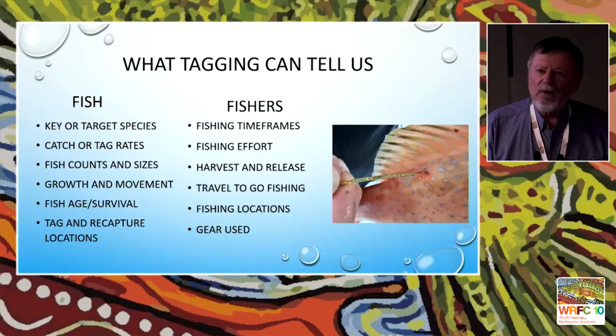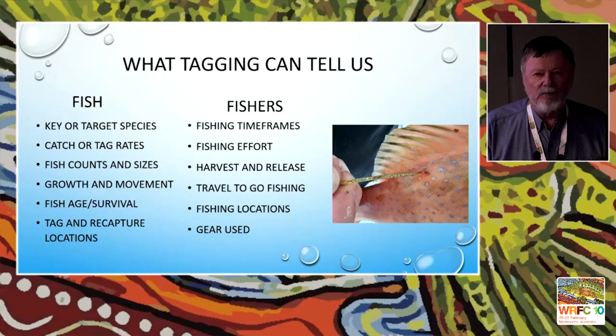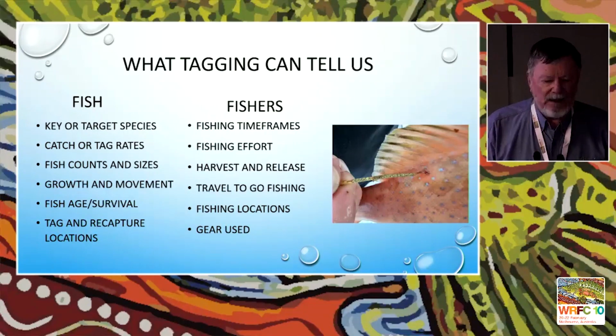Tagging can also provide information on fishing effort, harvested and released. A lot of people in our tagging program actually provide details on fish that they've kept as well as those that they've tagged and released. It can also provide details on travel to go fishing.